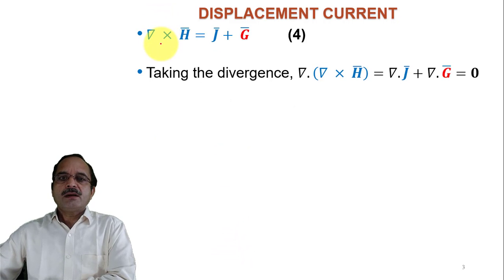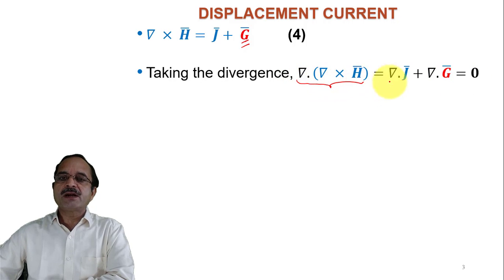Now taking divergence of both sides of equation number 4, after adding the additional term G, we can say divergence of curl of H is divergence of J plus divergence of G, which is equal to 0, because divergence of curl of any vector quantity is 0.